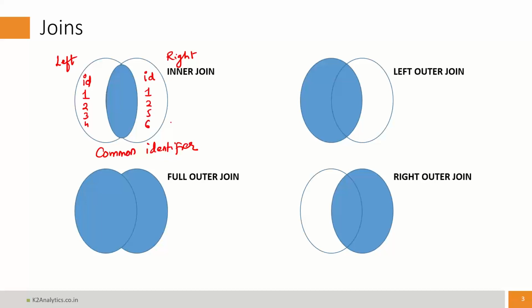Now you are trying to join these two tables, and when it is an inner join, the common identifiers which are present between both the tables, that is 1 and 2 in this case, only those records are fetched. That is called an inner join. So basically the concept of inner join is simple. Join two tables such that the common identifier present in both the tables is available in the output table.